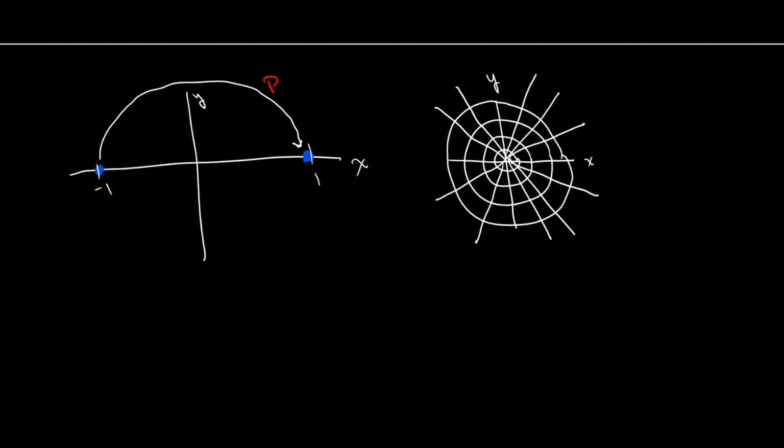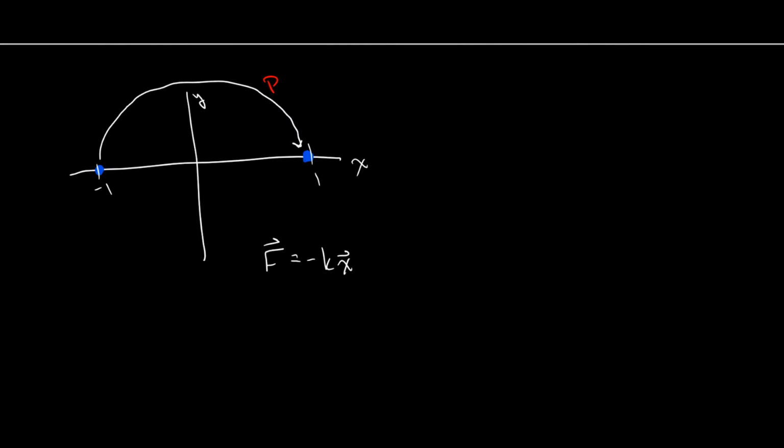But so the force that I'm considering in this case is minus kx, where x is the position vector in this three-dimensional space. But what you'll notice is that this position vector, so I have my position vector here, and previously I would say, okay, here I have some x hat and y hat.